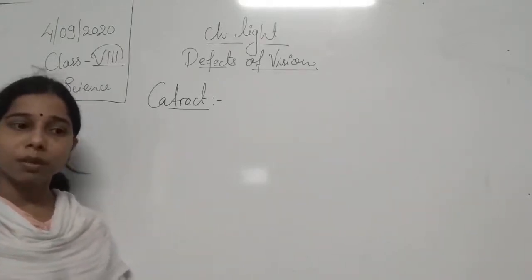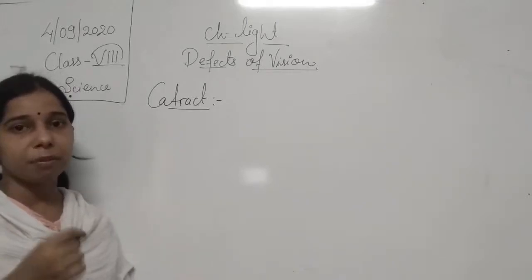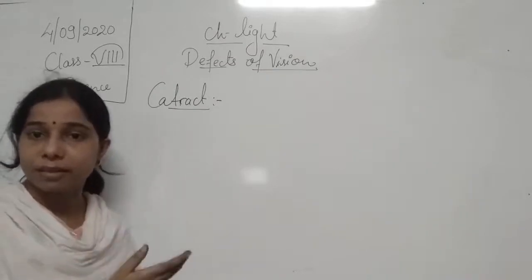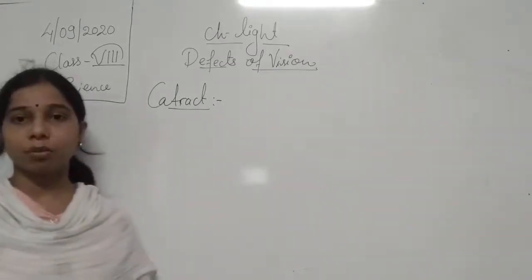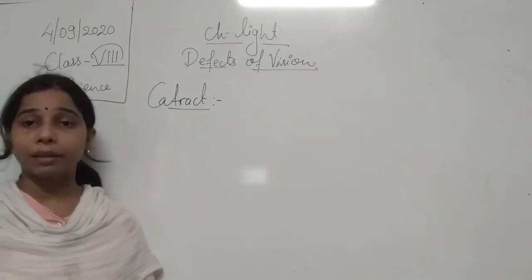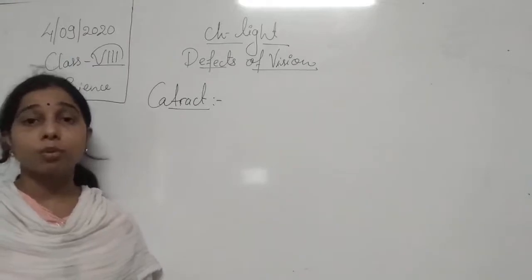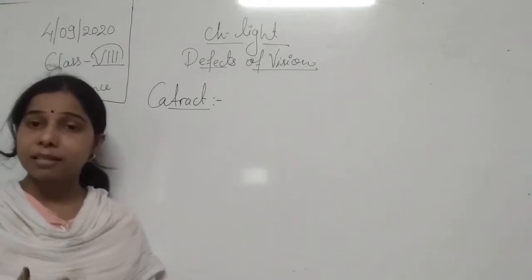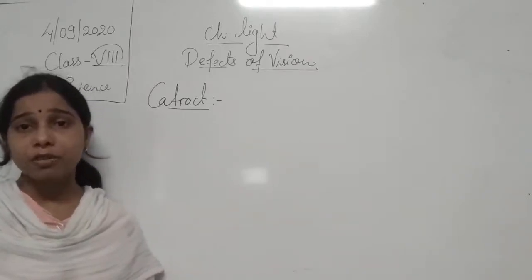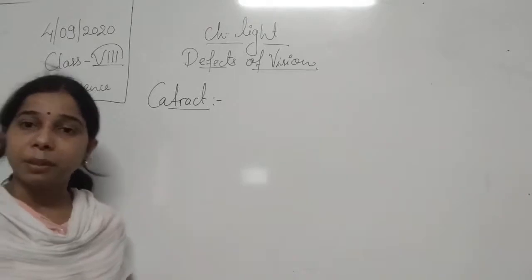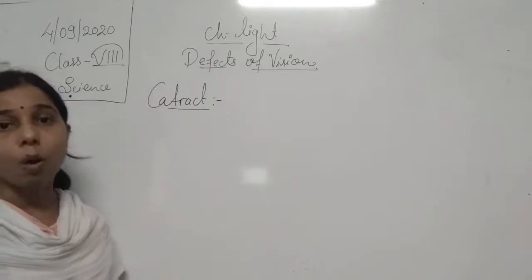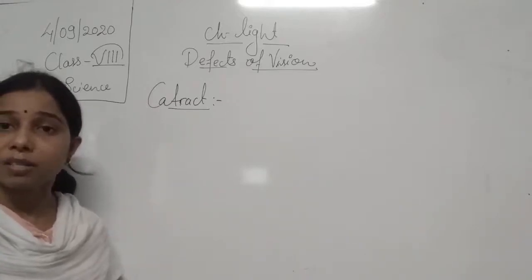Because of the formation of a milky cloudy membrane in front of our lens, the light rays entering the eye are not able to enter the lens. It is not able to focus the light rays, and thus there is a blur, or no proper formation or no formation of the image on the retina, due to which the image is blurred or we cannot see the image at all.